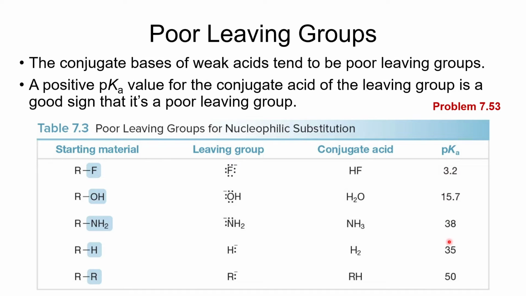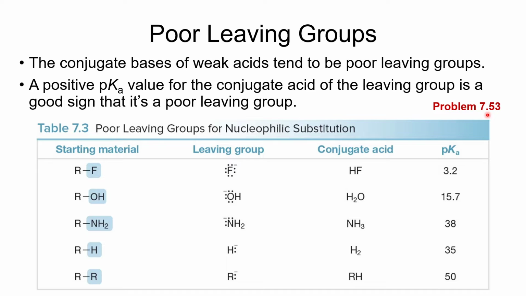So a positive pKa for the conjugate acid of your leaving group is an indication that the leaving group is poor.